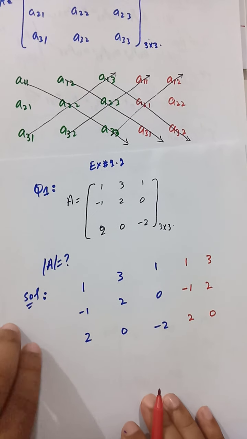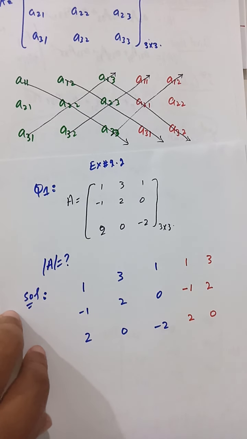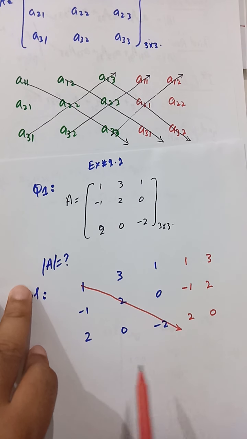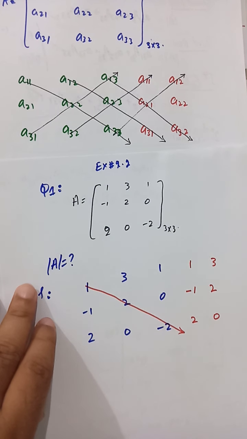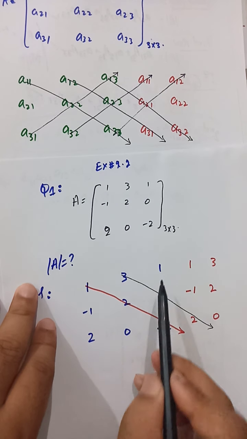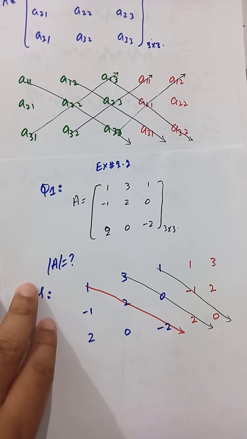Now you need to draw the arrows in this fashion. You see that this is the first arrow headed downward. Now this is the second arrow headed downward, and this is the third arrow headed downward.